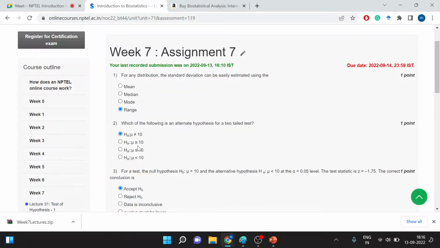So a two-tailed test is nothing but to check whether a given hypothesis is equal to the null or not. For example, the number 10 here is a null hypothesis. To give you an example, the height of all trees is 10 meters in a given area.